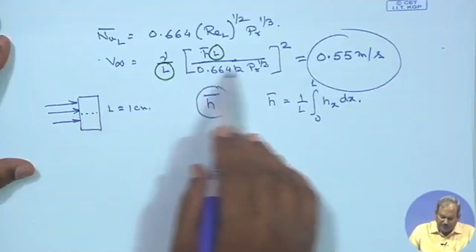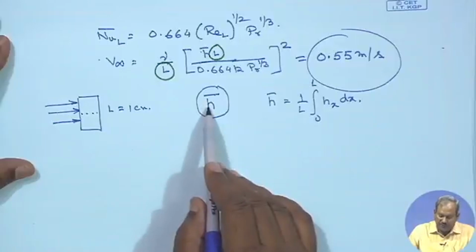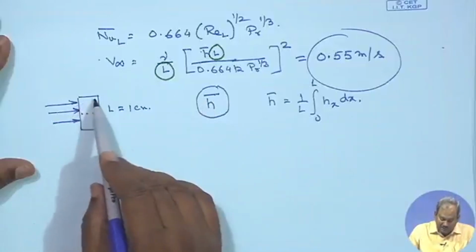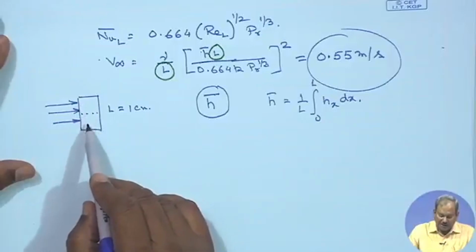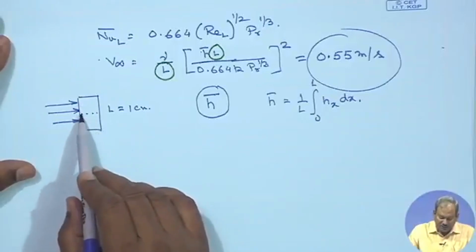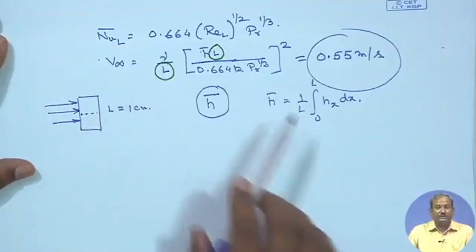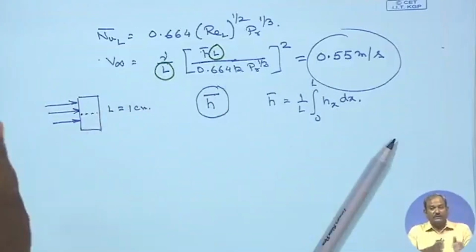And what we are using in these correlations is the average value of h. So, unless this material has a high thermal conductivity, there would be local variations of temperature on the chip. So, since I am basing all my calculations on the average value of the heat transfer coefficient, I understand that the value of local heat transfer coefficients can be different at different points.